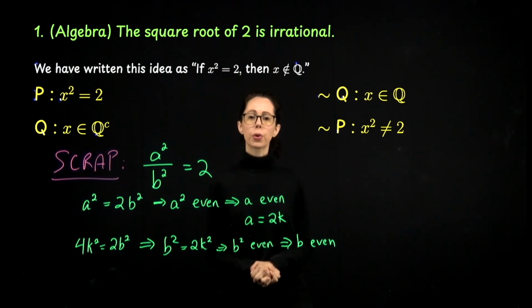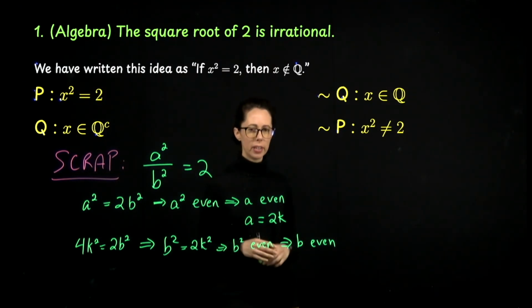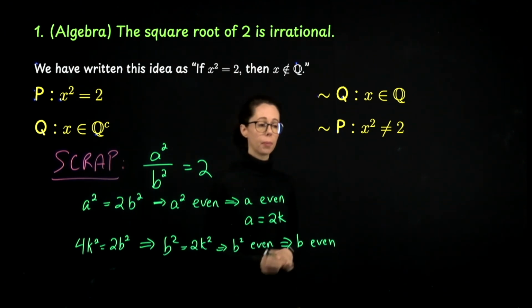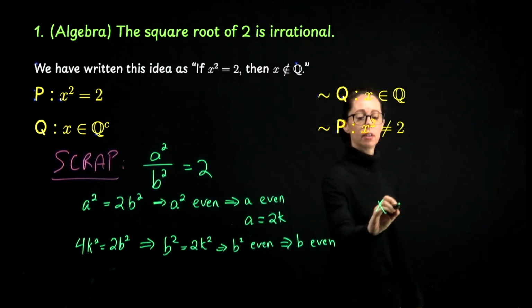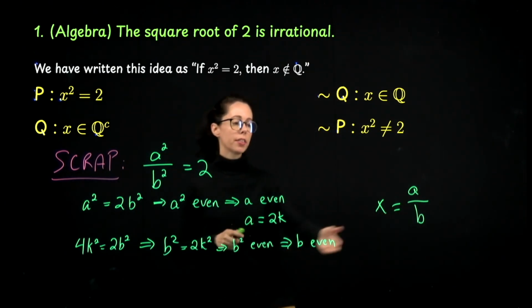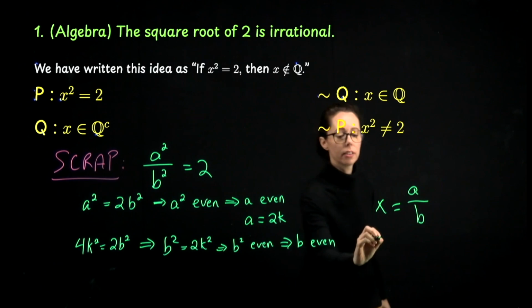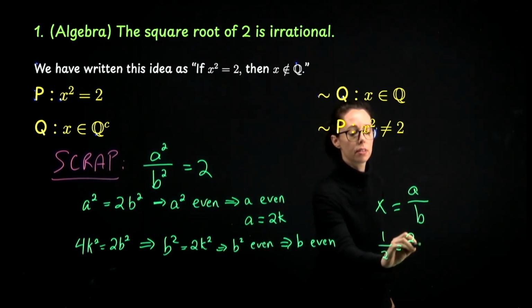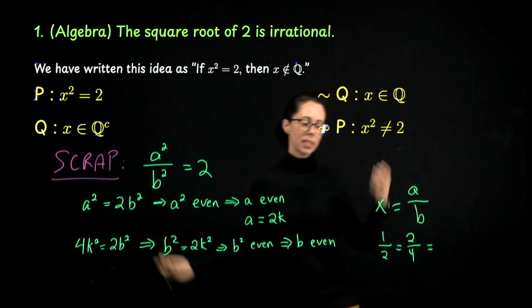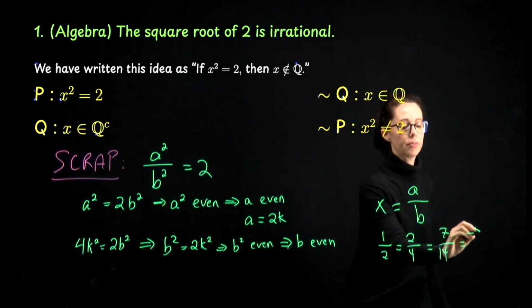The heart of this proof relies on the fact that every rational number can be put into what we call reduced form. So if I have a over b, and let's just imagine that x is the number 1/2, I could say 1/2 is 2/4, or it's 7/14, or -50 over -100.